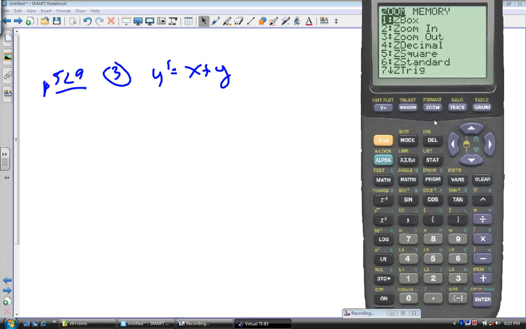Let's see, how about if we do a zoom 4? And see, it doesn't like what I put in Y1 because it's not supposed to be graphing that, right? So I don't care about that. This is from the slope field program. Program, it's number 4, enter. Let's see what it looks like.